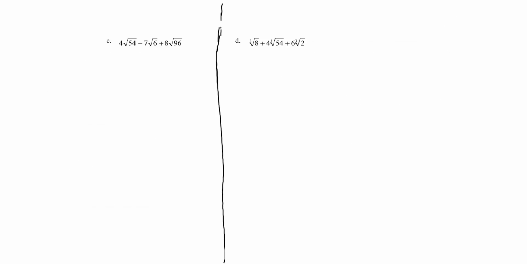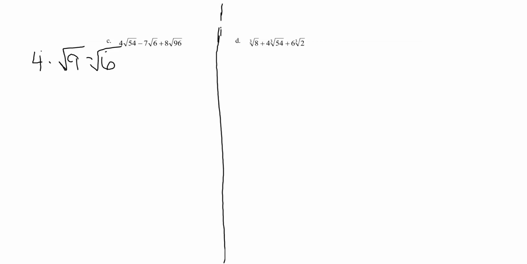All right, so here we need to simplify our radicals before we can add or subtract like radicals. The square root of 54 can be broken down. We have our 4, and I can do 9 times 6. So I'm going to make it the square root of 9 times the square root of 6.